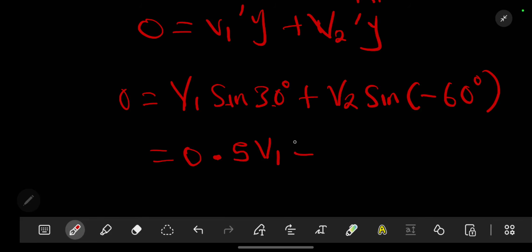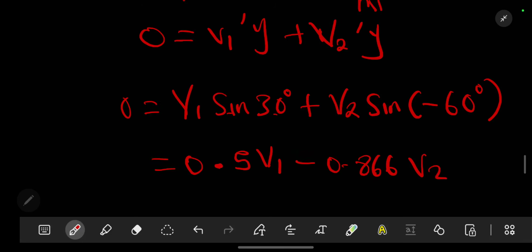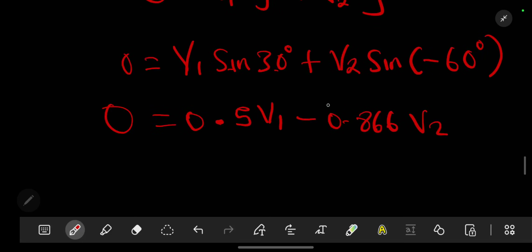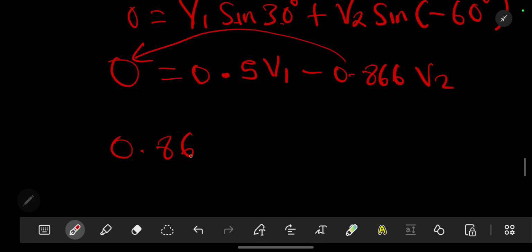Then the sine of negative 60 will give you a negative value, which will be negative 0.866 v2. So this is our value. Taking this value to this side, it will be 0.866 v2 should be equal to 0.5 v1.